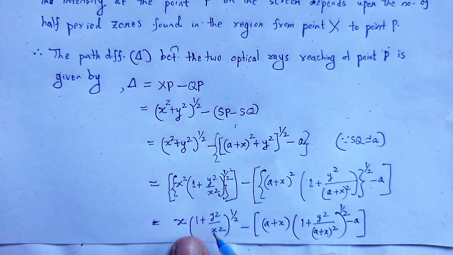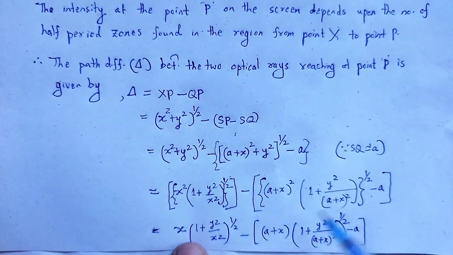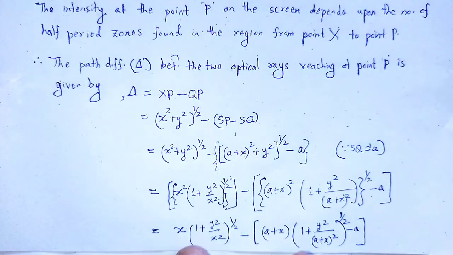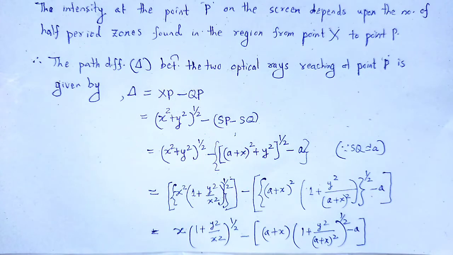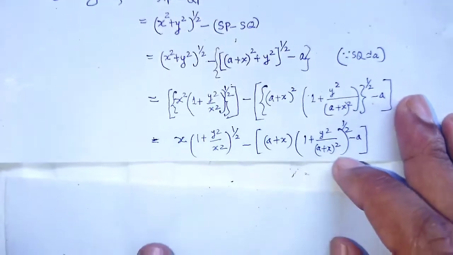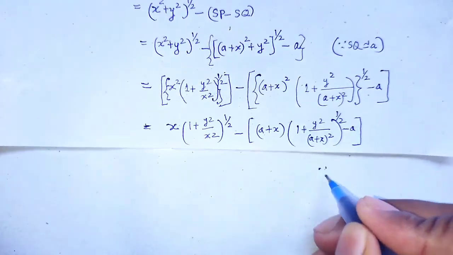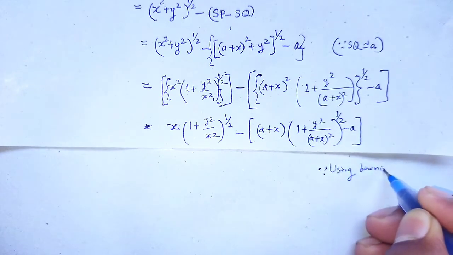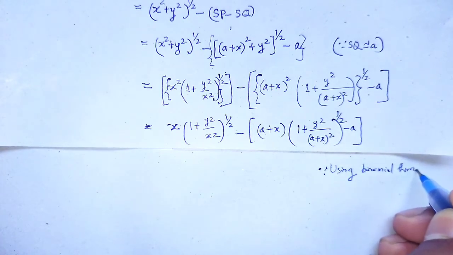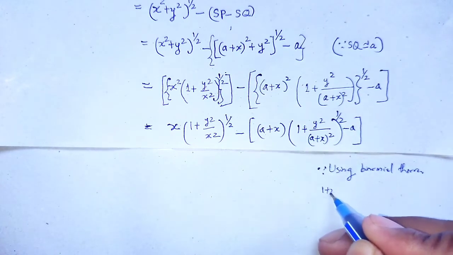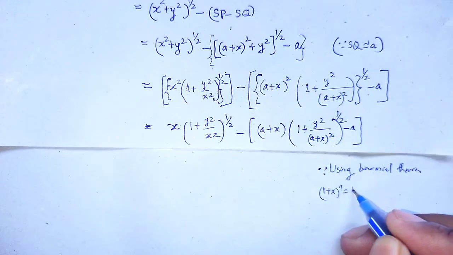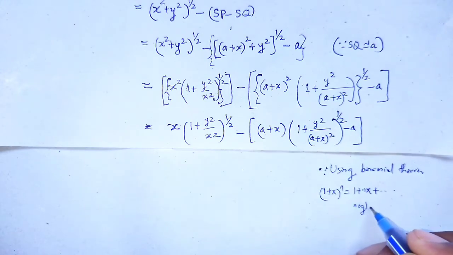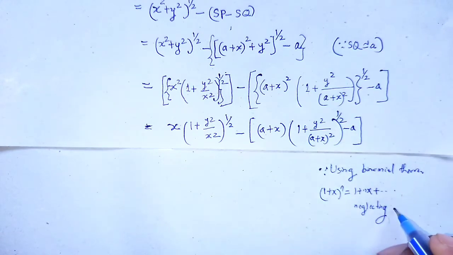Now we evaluate these terms by using the binomial theorem. Applying the binomial theorem, 1 plus x to the power n is equal to 1 plus nx plus dot dot dot, neglecting the higher powers.